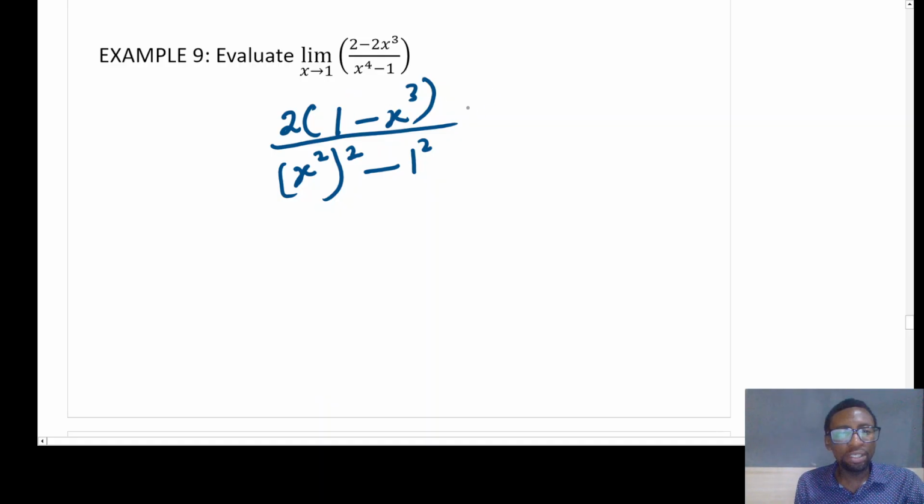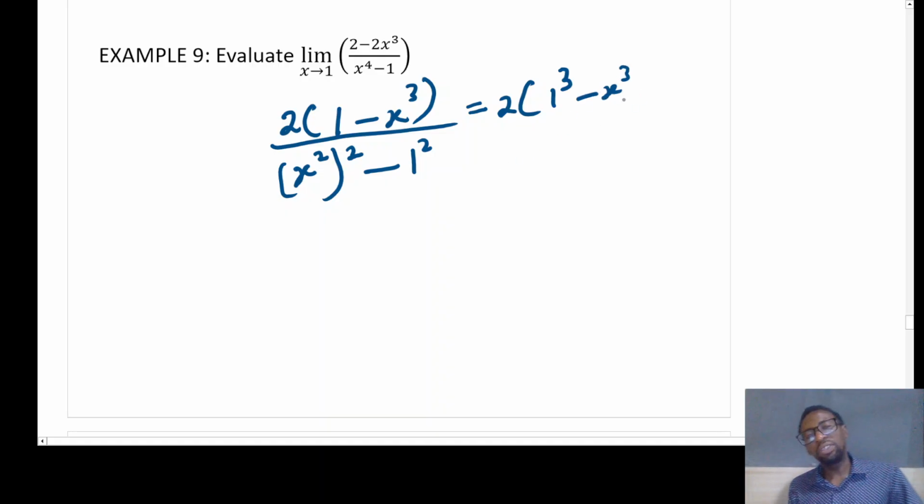This is something that's saying 2 bracket, and this one can change to 1 cube minus x cube. What is that telling you? That should be telling you difference of two cubes, because I can adjust this one to be like 1 cube minus x cube. So I'm going to apply the difference of two cubes formula again at this point. Let me write it first.